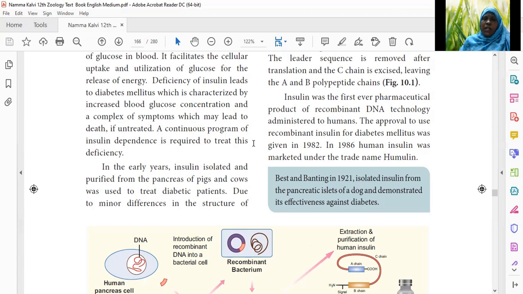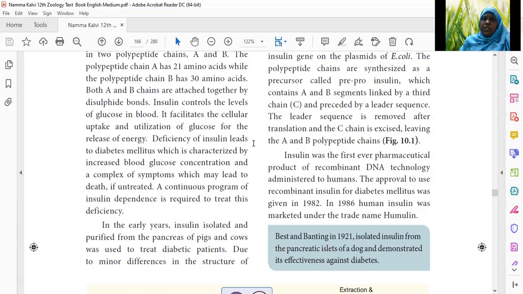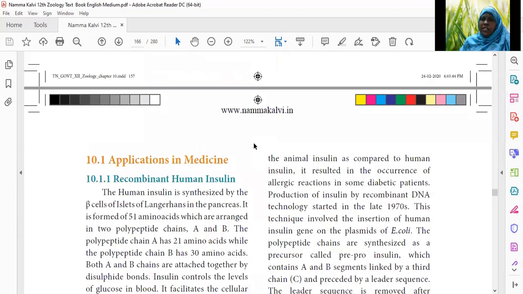What happened was that the structure of the insulin of human beings and the insulin of pigs and cows has minor differences. Due to these minor differences, when insulin from animals like pigs and cows was injected into people, it resulted in allergic reactions in some diabetic patients.